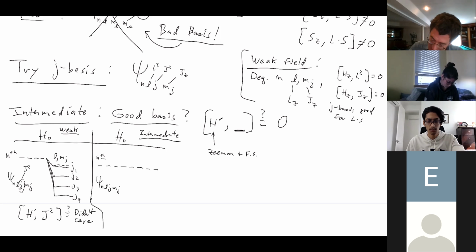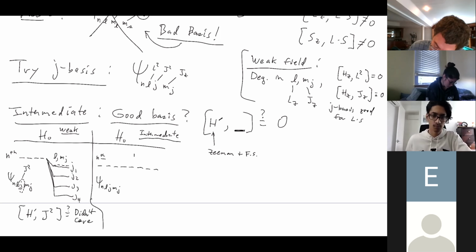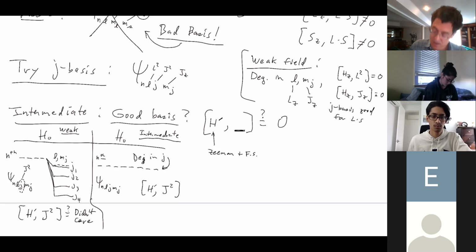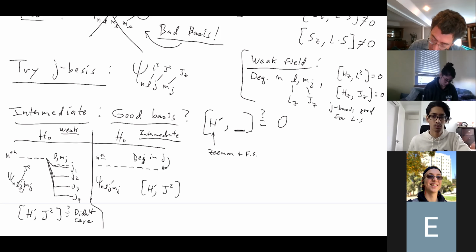That's right. So now we are degenerate in J, and that means that we now have to check whether H prime commutes with J squared, because J squared indexes the degenerate subspace.